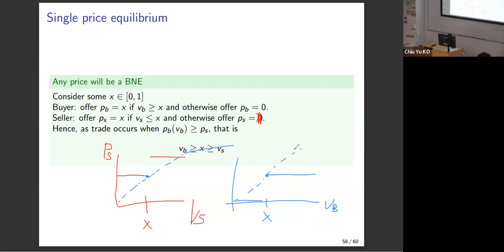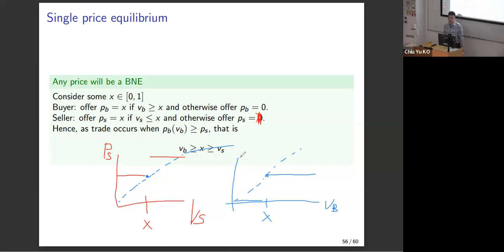And the seller says, when my valuation is higher than X, I only have X. In that case, X is the only equilibrium, and only when the buyer's valuation is higher than that do we trade, right? Only if this thing occurs.